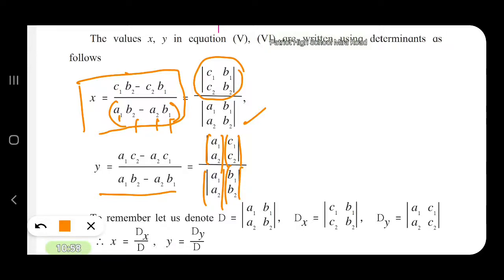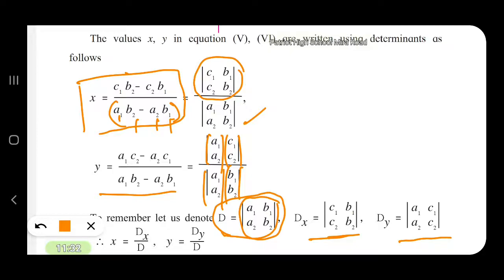So to remember, let us denote D as the determinant with a1 b1 and a2 b2. This determinant involving c and b, the third column and the second column, we denote as Dx, and Dy we write as the determinant with a1 a2 and c1 c2.